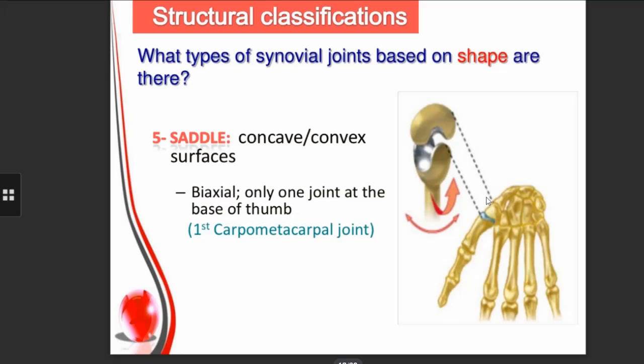This is a thumb joint. It is also called the first metacarpal joint. This is the saddle shape. You can see the concave and convex surfaces. This is the concave shape. This is the convex shape.